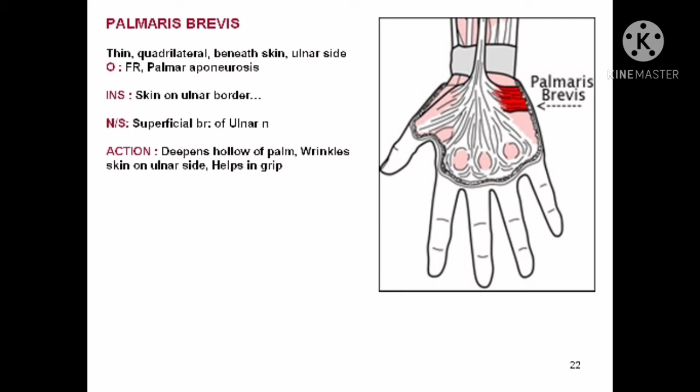It arises from the flexor retinaculum and the palmar aponeurosis and inserts into the skin on the ulnar border. The nerve supply is from the superficial branch of the ulnar nerve. Its action is that it deepens the hollow of the palm, wrinkles the skin on the ulnar side, and helps in gripping.